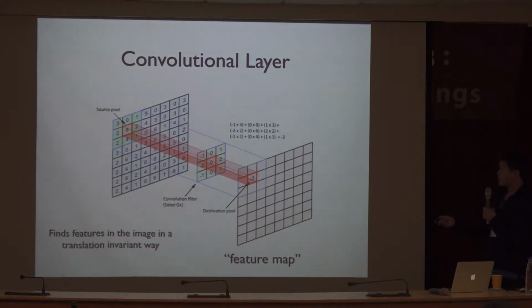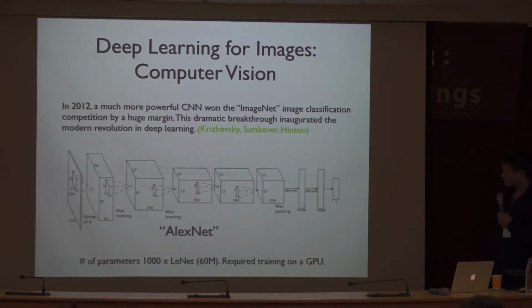So for each feature that you want to learn, you need one of these filters. And by dialing these numbers in here, you sort of fit to different features. The features could be like circles and dots and lines and edges and different types of things that happen in the images. And so yeah, the convolutional layer is the thing that learns two-dimensional features.